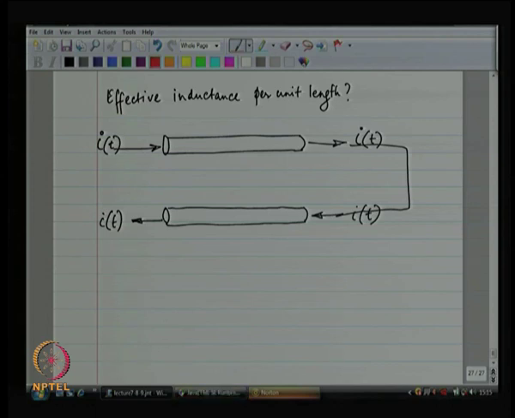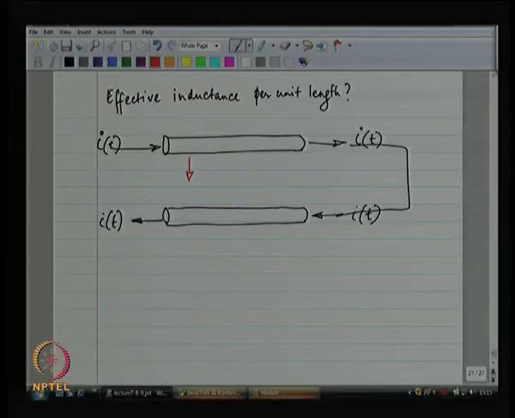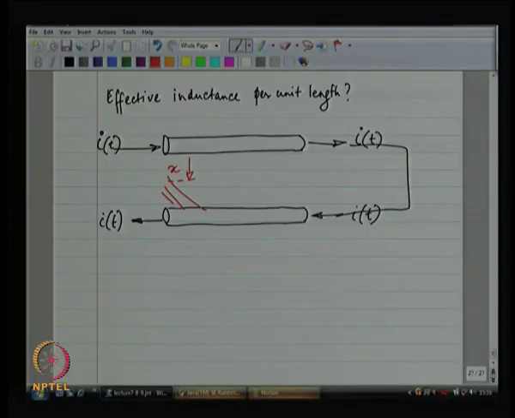Okay. So, how we are going to do this is as follows. First, we are going to find out the magnetic field at a distance from the wire, let us say at a distance x from the wire. What is the magnetic field? Then we are going to find the flux. So, we find out the magnetic field at a distance x, then we find out the flux over that entire area.